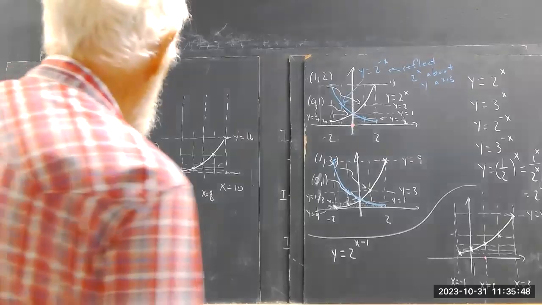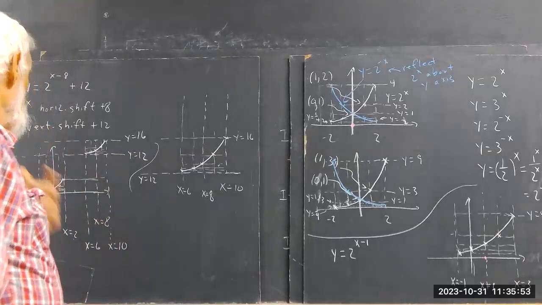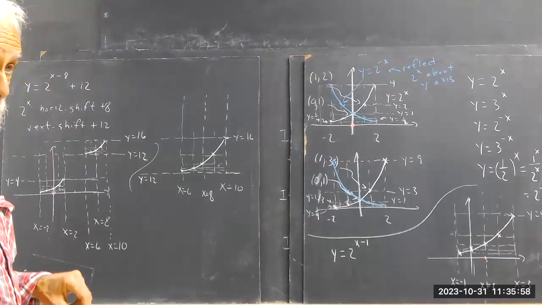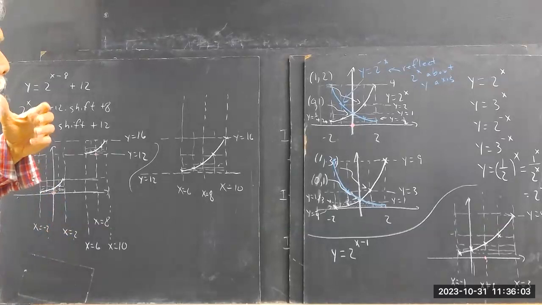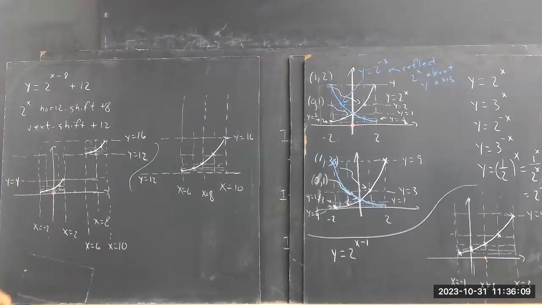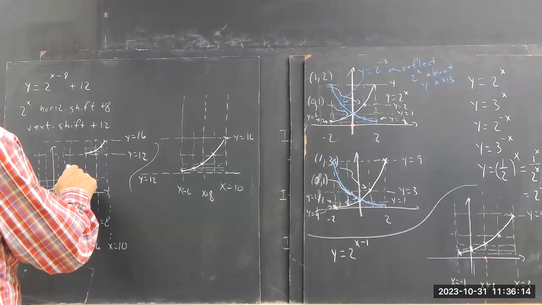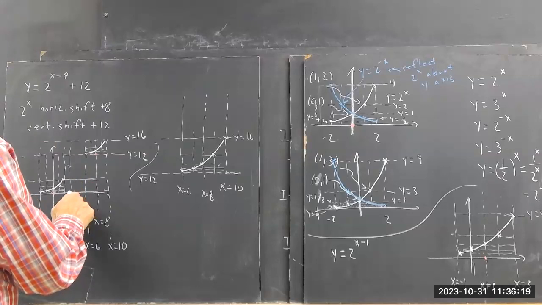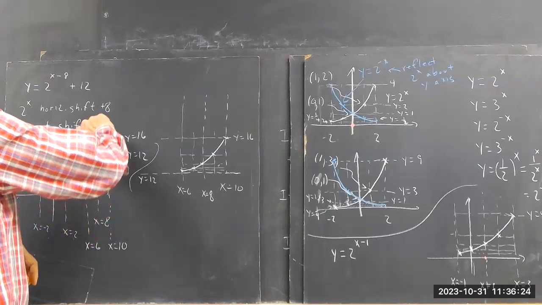To extend the exponential function, every time we move 1 unit to the right on the 2 to the x function, we double the value of y. So if we move one more unit to the right, this function would double in value. So it's this high, it would go up to about this high. And we move another unit to the right, it's going to go up twice that high. So the function is going to go up very rapidly.